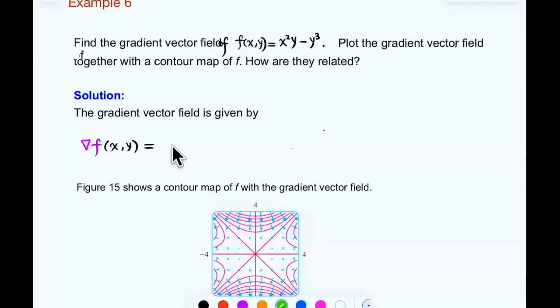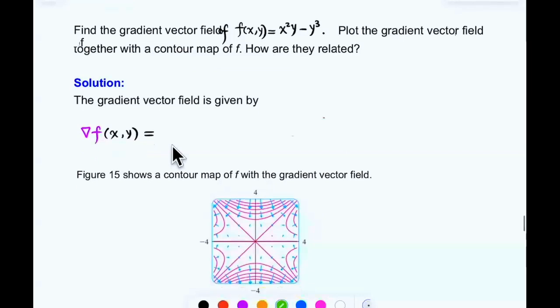Okay, let's try this together. So how do you get the gradient vector field? You take the partial derivative of that scalar function, right? So let's take the partial derivative of this scalar function first with respect to x, and that will give you the I component, right? And then you take the partial derivative of this scalar function with respect to y, that will give you the j component, right?